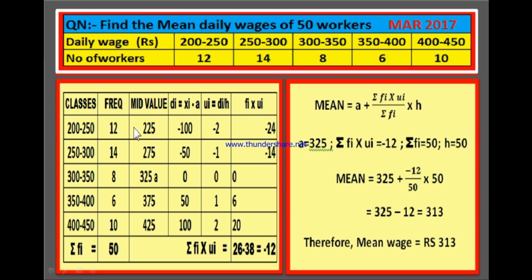But if you use the direct method, for some cases the mid values you will get 0.5 or so. If the mid values are in points, or the mid values are very large numbers, or the frequencies are very big numbers, in such cases the calculation will be difficult. In all such cases, it is better to use step deviation method.